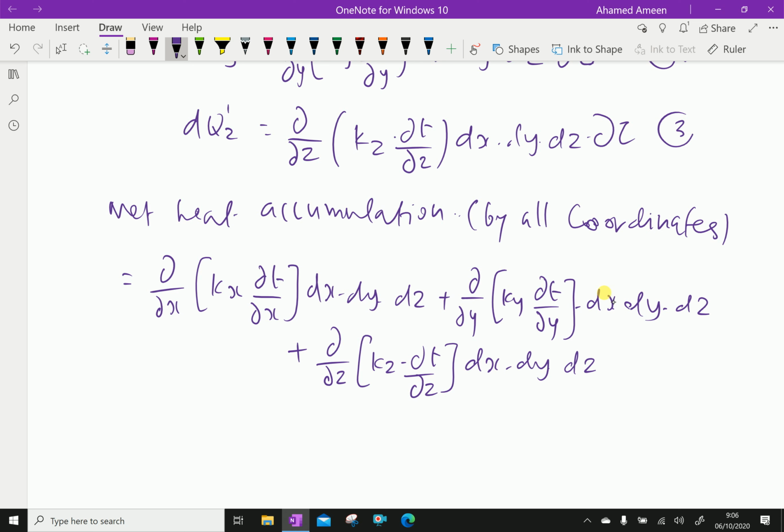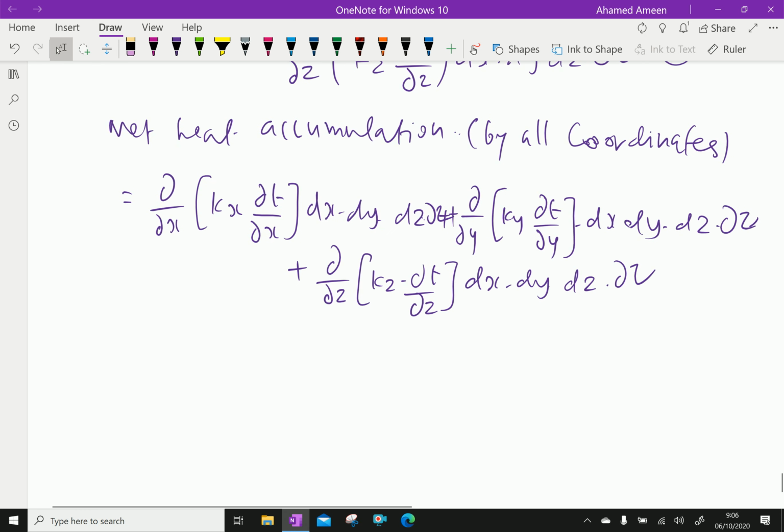Everywhere dot tau comes. Now we are taking some common factors, that is dx, dy, dz, dot tau.